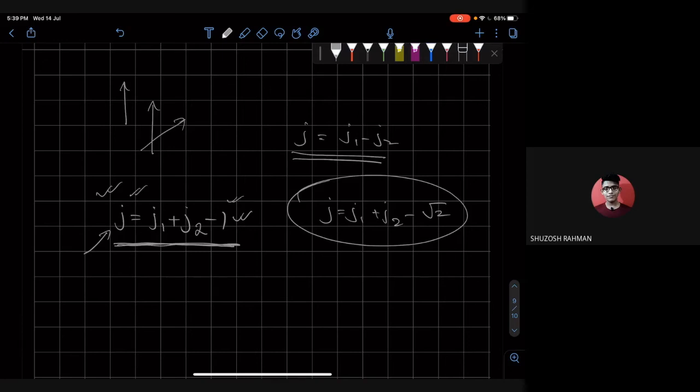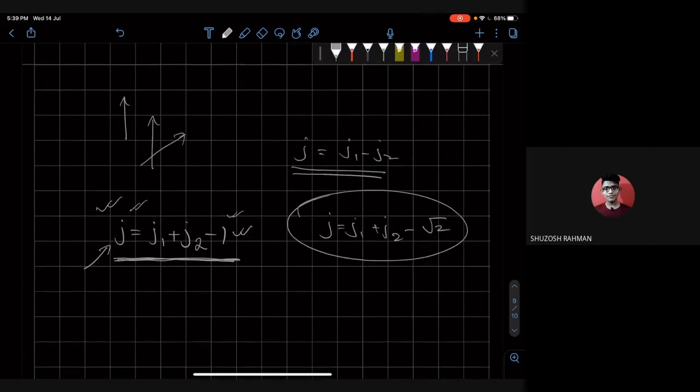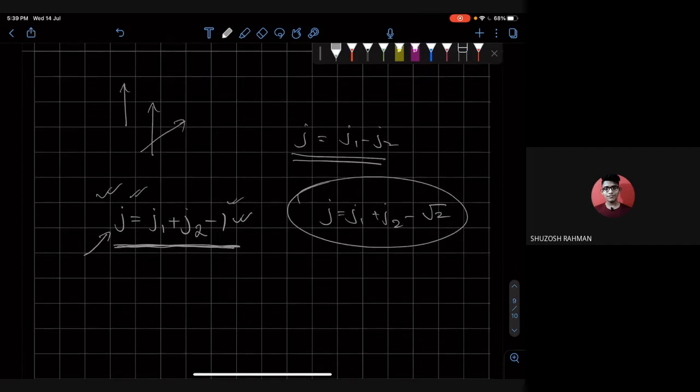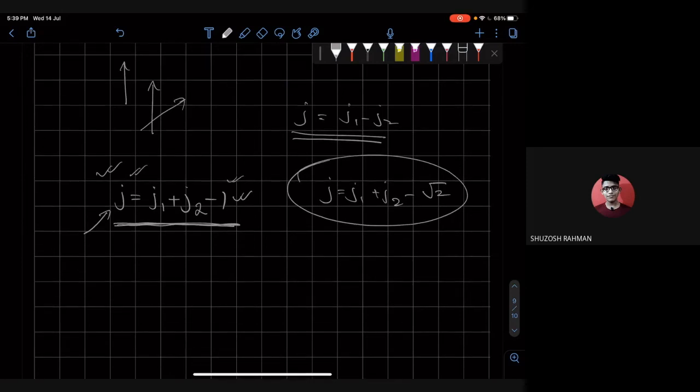Do you understand what I'm trying to do here? I'm trying to create a different Hilbert space where the maximal weight state is not going to be J1 plus J2, but J1 plus J2 minus 1. So this will be our maximal weight state.